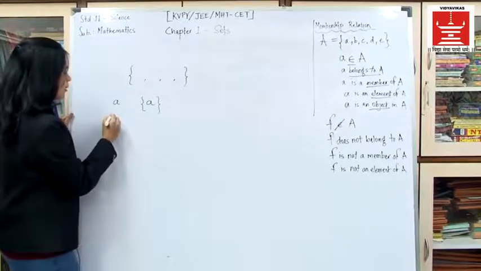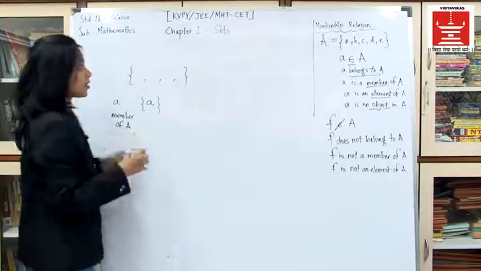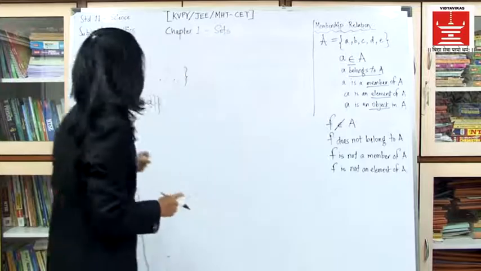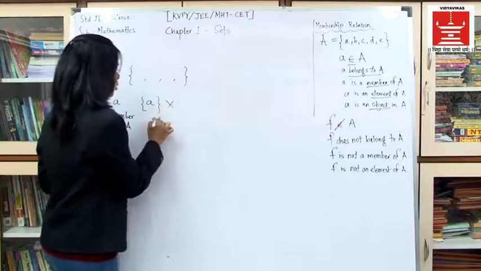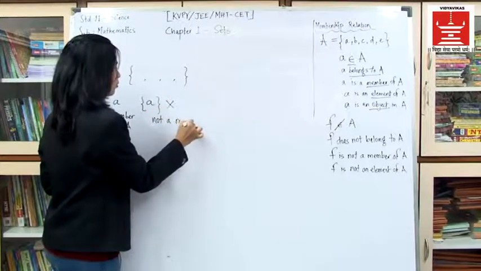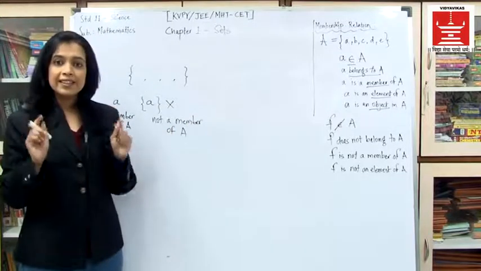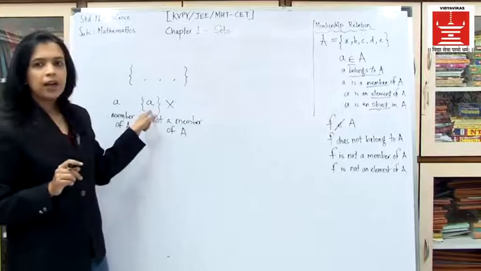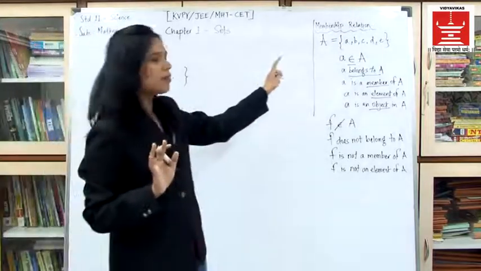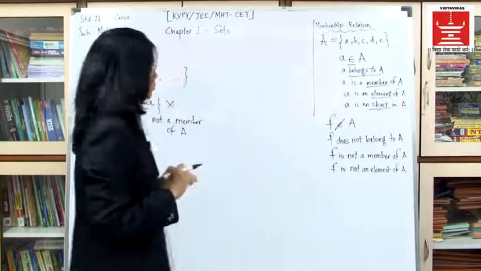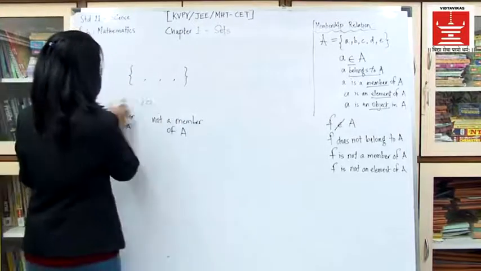This is a member of A, where A is this set, but this a inside the curly brackets is not a member. You understand the difference? Only sets are written in curly brackets, members are written as they are, as small case letters. This kind of representation is called roster form.